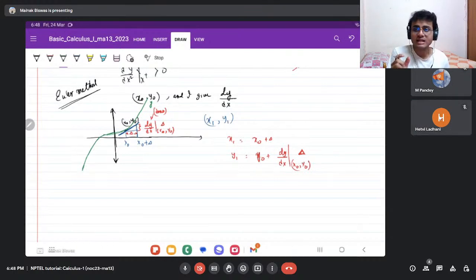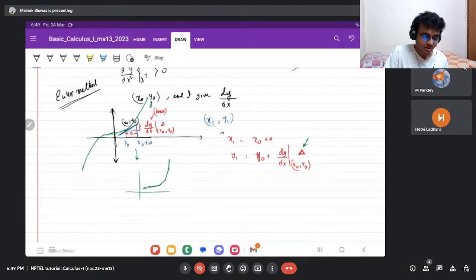The finer you choose your delta, this capital delta, the better your curve will look, right? If you follow this method like this, your curve will not look bad, but it will look like broken lines. Agreed? Yes, sir. Because you're taking line segments to approximate a curve.